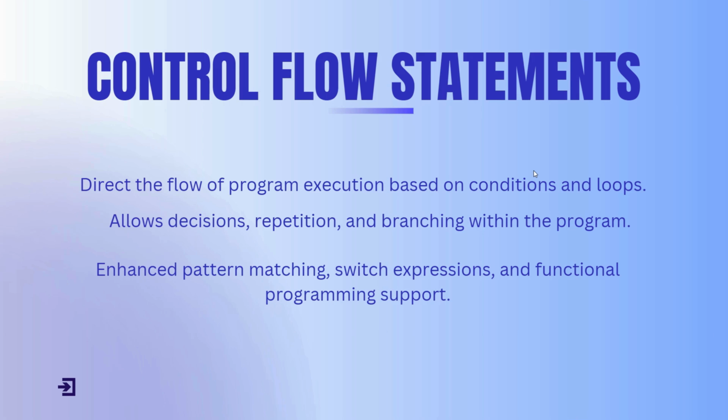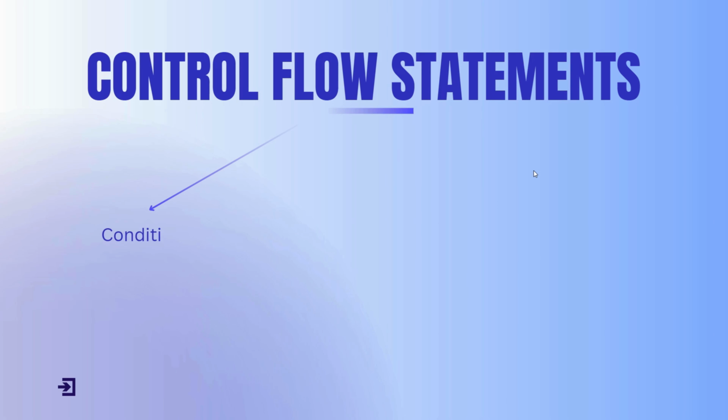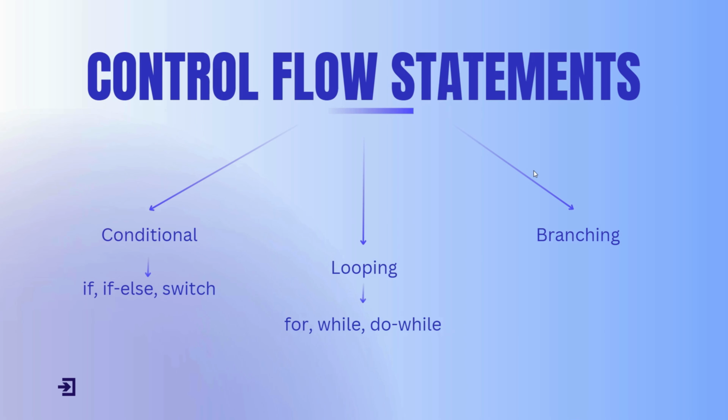These things are coming in the Java 23, 24 version, which is the latest one, I think. Conditional statements, looping, and branching come under control flow statements. In conditional, we have if else and switch. In looping, we have for, while, and do while. In branching, break, continue, and return. Return is like exit.